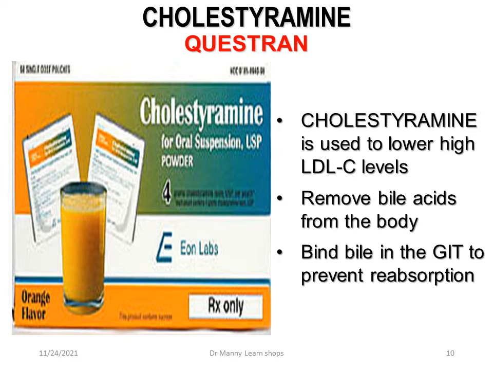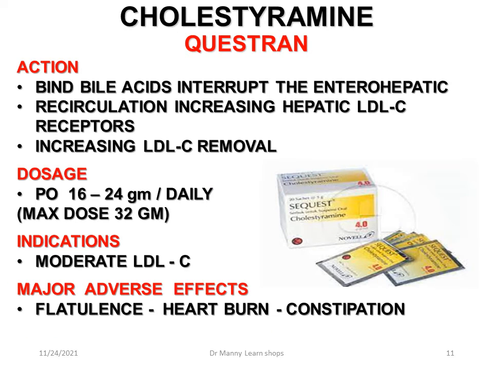One of the medications used to lower LDL levels is cholestyramine, Questran. And this lowers high low-density lipoprotein cholesterol levels. It removes bile acids from the body. It binds bile in the gastrointestinal tract to prevent reabsorption. Its action, it binds bile acids, interrupts the enterohepatic flow.